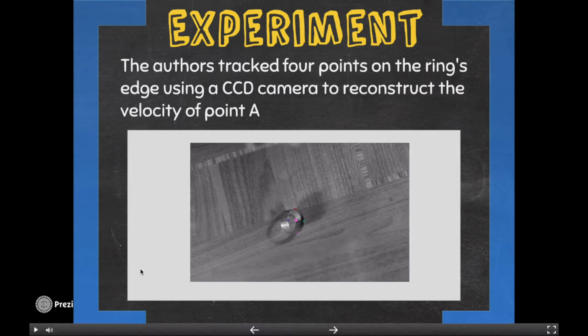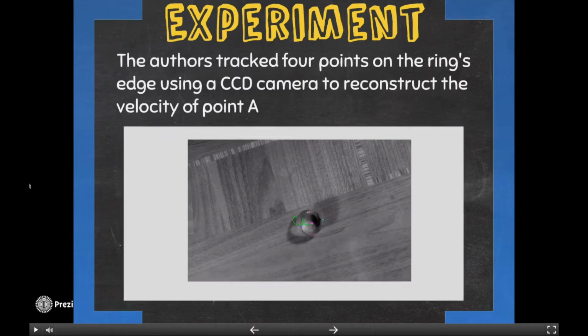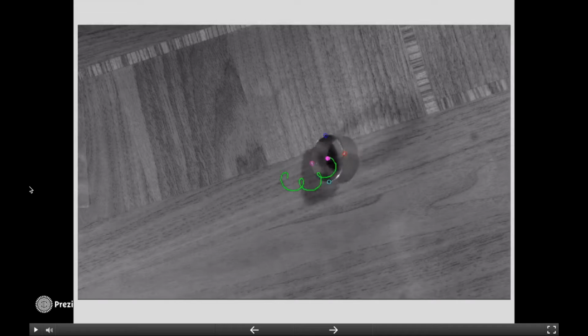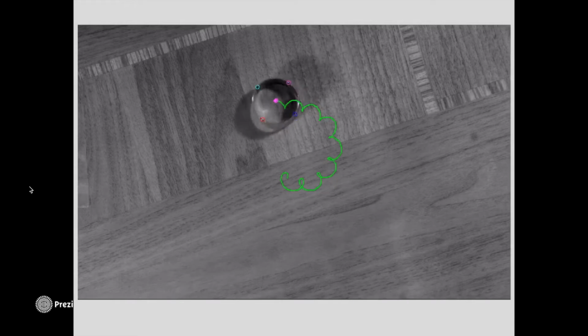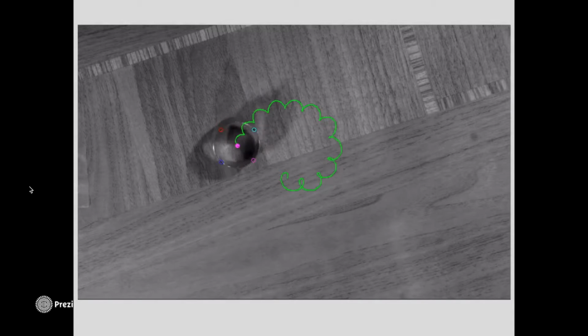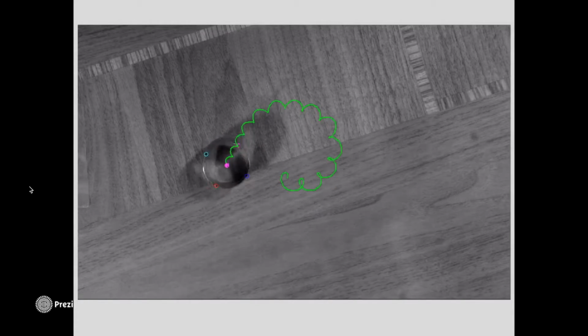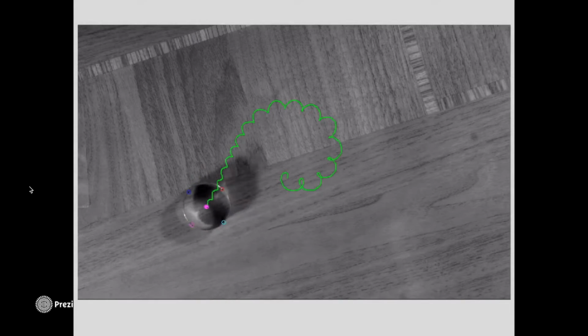Pretty neat, eh? Oh, it's so glorious. Okay, now it's turning around the other way.